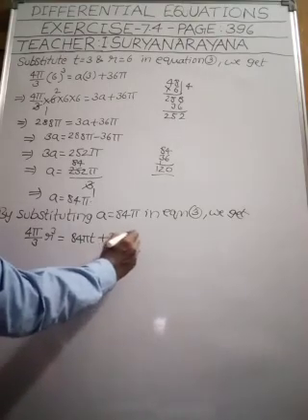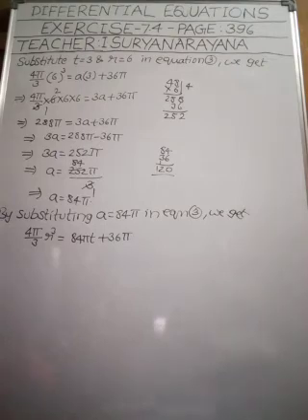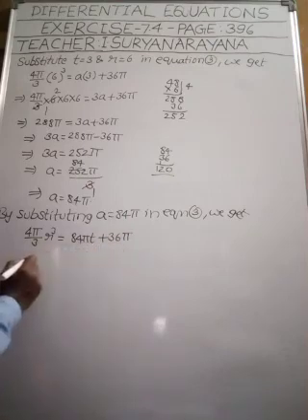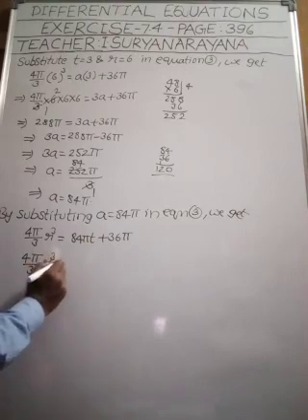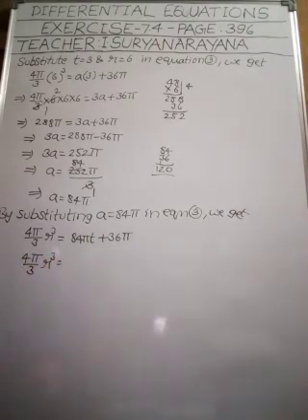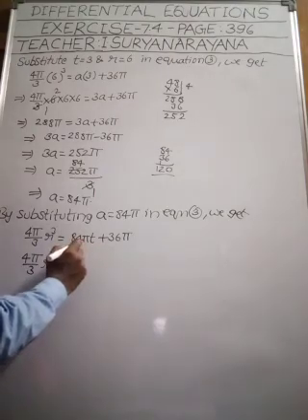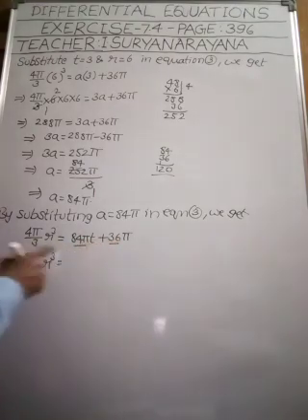So let us take the common factor π. 4π by 3 r³ is equal to, let us take π common.